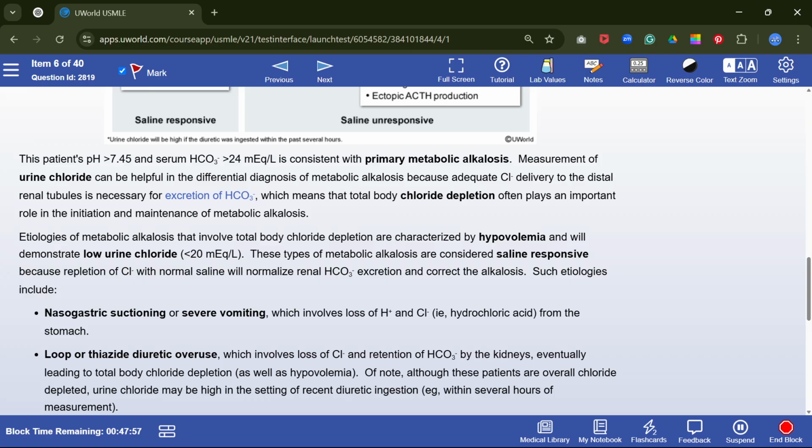Etiologies of metabolic alkalosis that involve total body chloride depletion are characterized by hypovolemia and will demonstrate low urine chloride, less than 20 milliequivalents per liter.